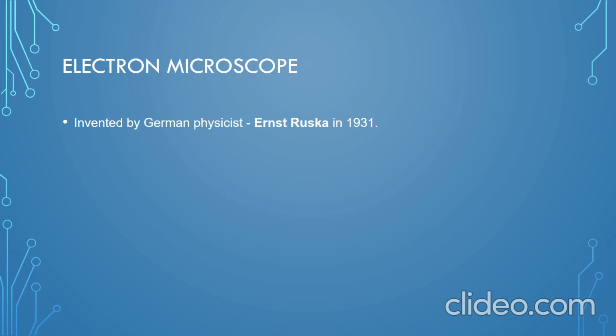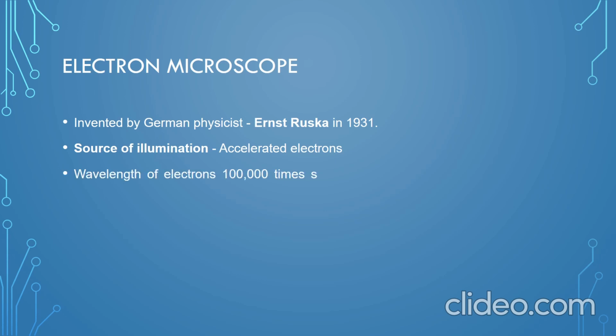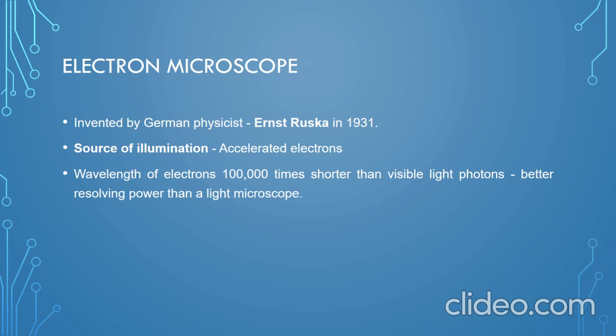What is electron microscopy? It was invented by German physicist Ernst Ruska in 1931. Here the source of illumination is electrons, whereas in light microscopy, light is the source of illumination. The wavelength of electrons is 1 lakh times shorter than visible light photons, so that gives a better resolving power than the light microscope.